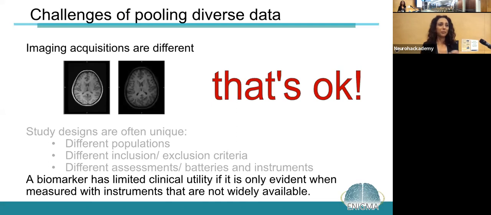Nothing wrong with HCP, it's fantastic, it's beautiful, but it might not be something that you can readily scan on a lot of patients that have certain disorders, and you can't keep them in the scanner that long. So are there features we can extract that are commonly and robustly able to be extracted across different imaging acquisitions?